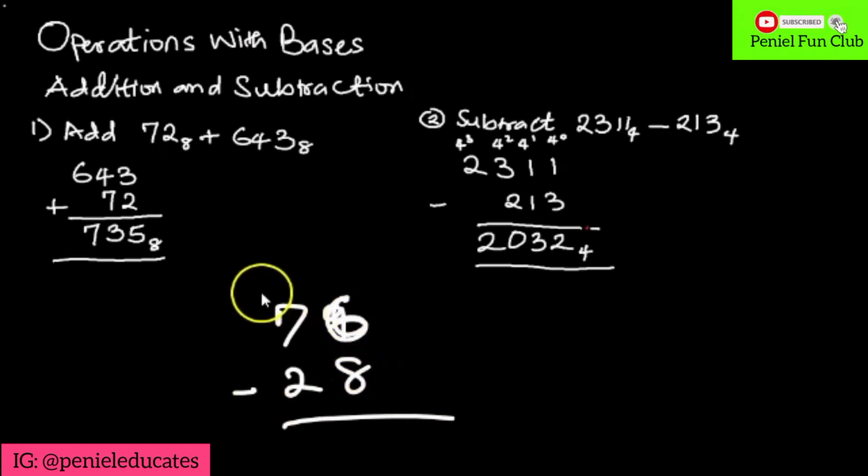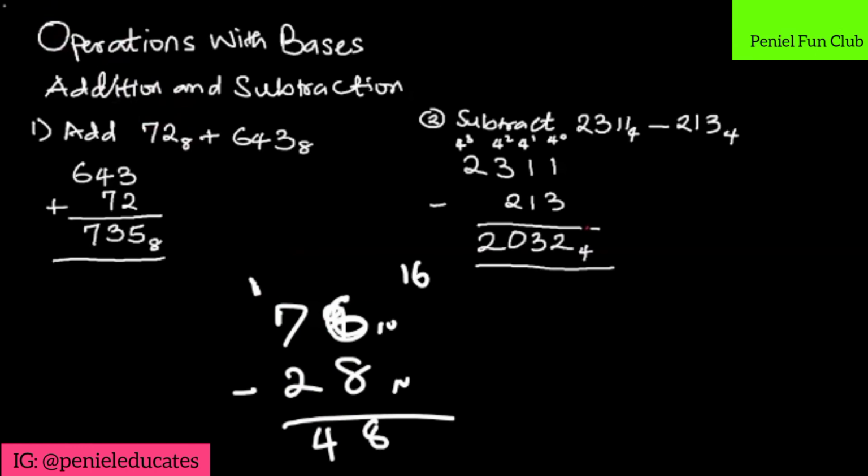All right, so we borrow 1 from here, because all these are in base 10, when we borrow 1 here, it becomes 10. When we add that 10 to 6, it becomes 16. So we remove 8 from 16. So 16 minus 8 will give you 8. This one is remaining 6 already. So when we take 2 from 6, then we have 4.